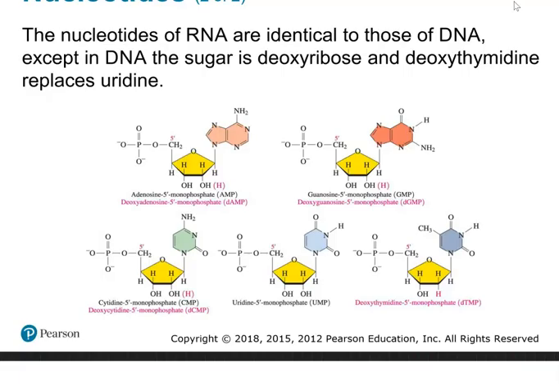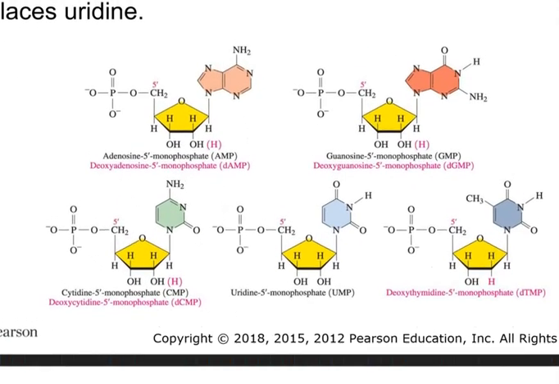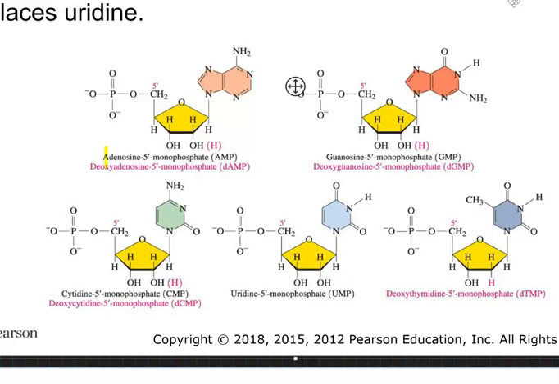The full name will include the name of the nucleoside, adenosine, and location, 5', and monophosphate, meaning that there is only one phosphate group.